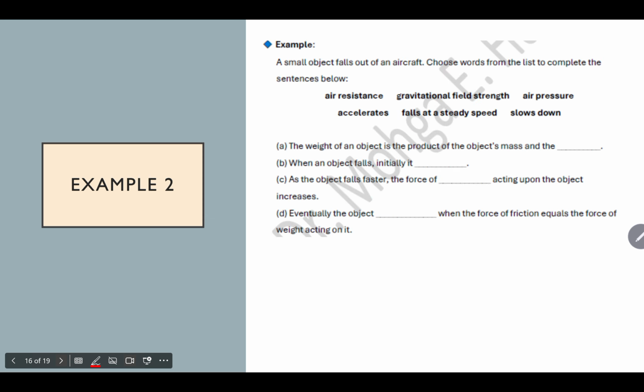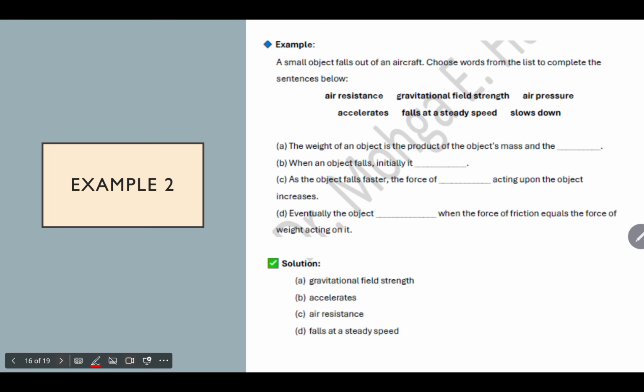Here's another example. Please pause the video, try it on your own, and then unpause. A small object falls out of an aircraft. Choose words from the list to complete the sentences below. The weight of an object is the product of the object's mass and the, of course, gravitational field strength.